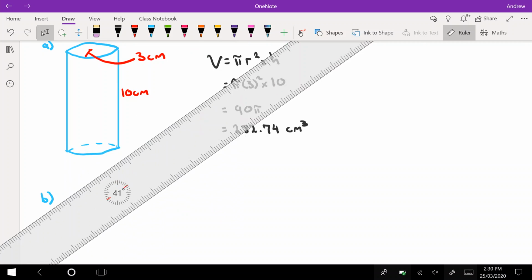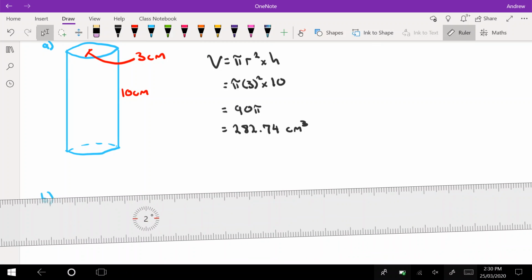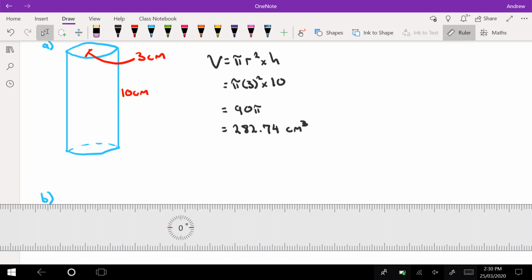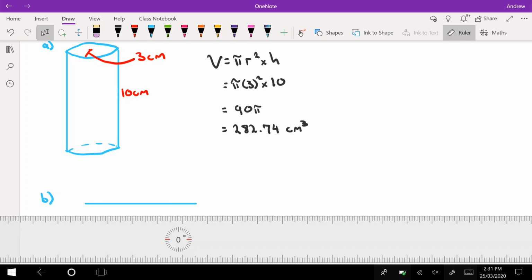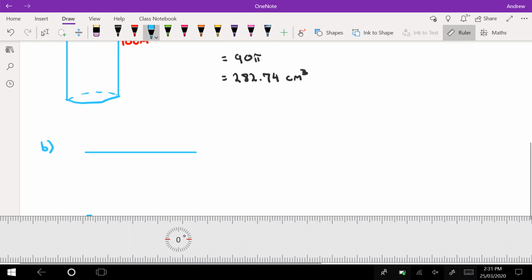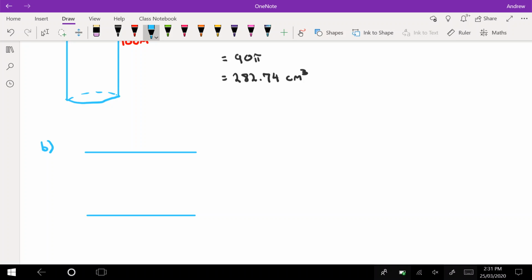Next one. So we've got a cylinder. The height is 12 meters, and this length here is 800 centimeters.